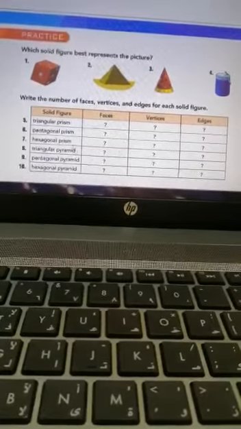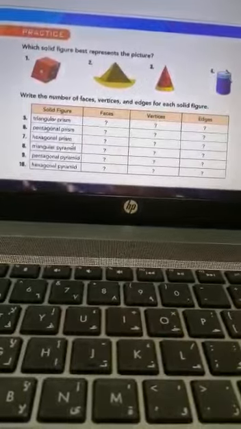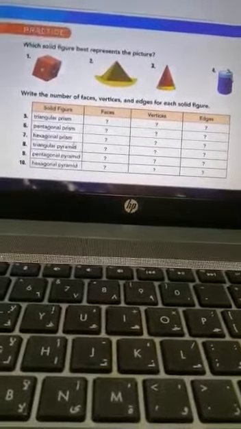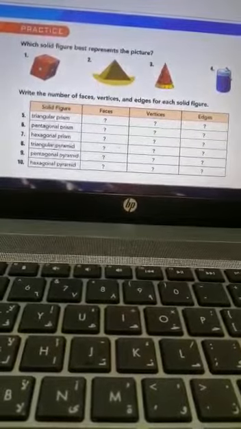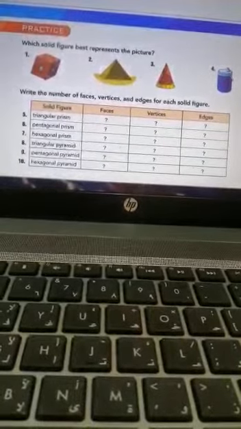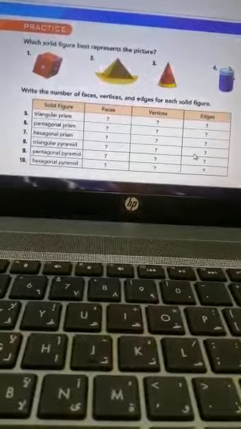Now here we have pyramids. For pyramids we have another rule. The faces are n plus 1, the vertices are n plus 1, and the edges are n times 2. Triangular means 3. 3 plus 1 is 4 faces, 4 vertices, and 3 times 2 is 6 edges.